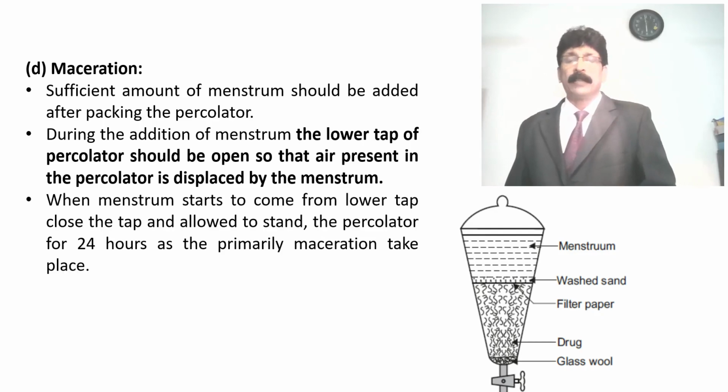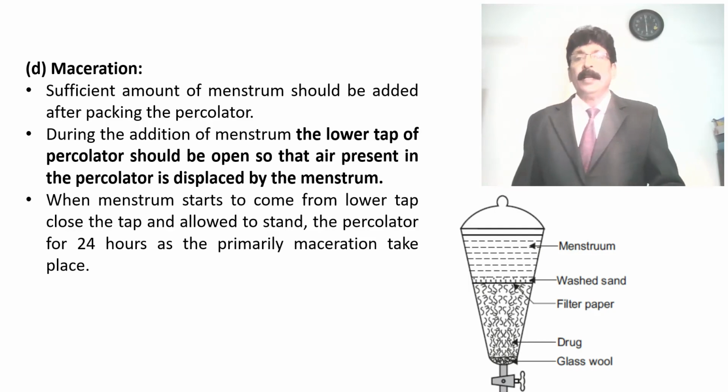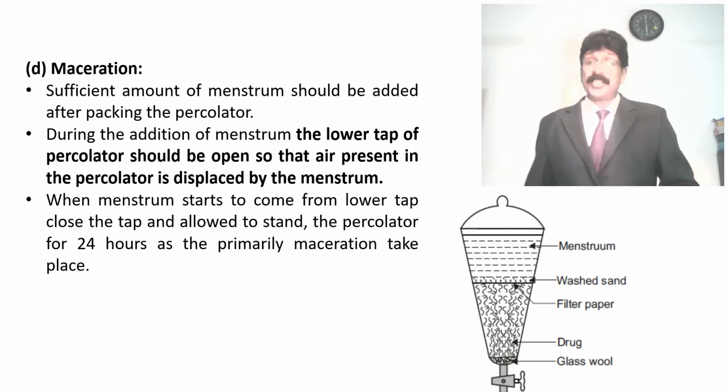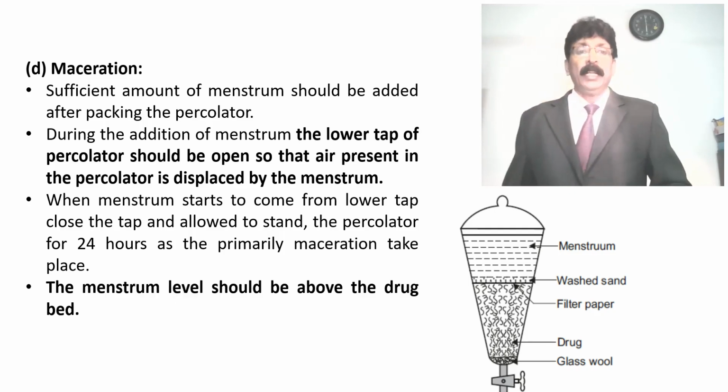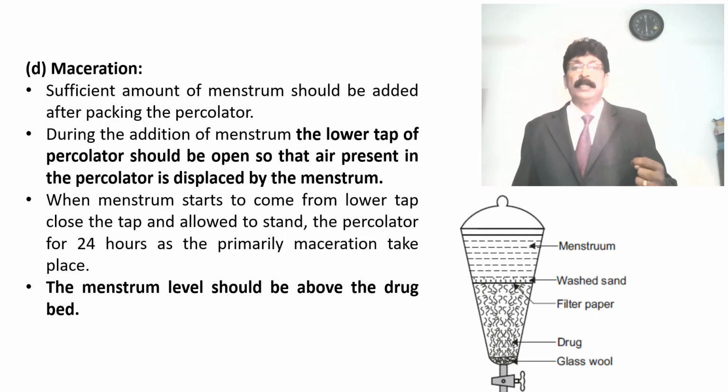When menstruum starts to come from the lower tap, close the tap and allow the percolator to stand for 24 hours as the primary maceration takes place. The menstruum level should be above the drug bed, as shown in the picture.